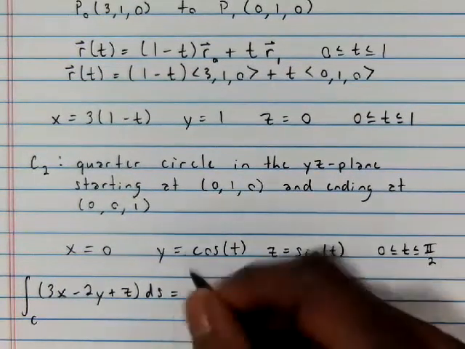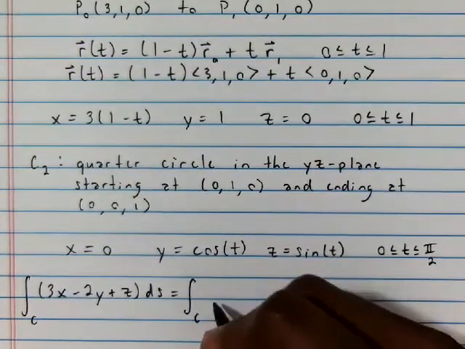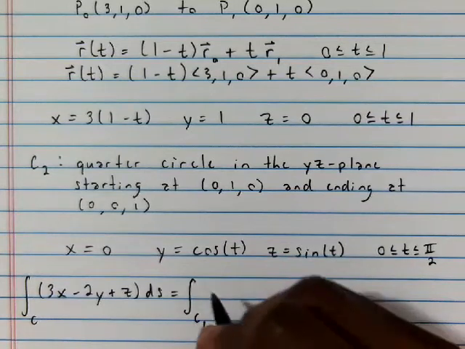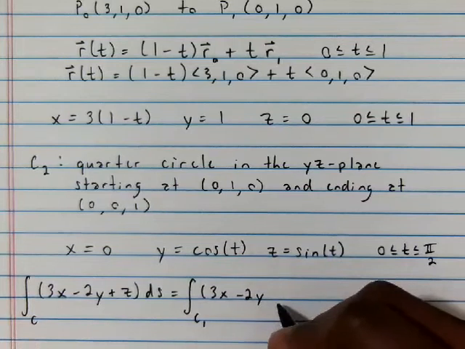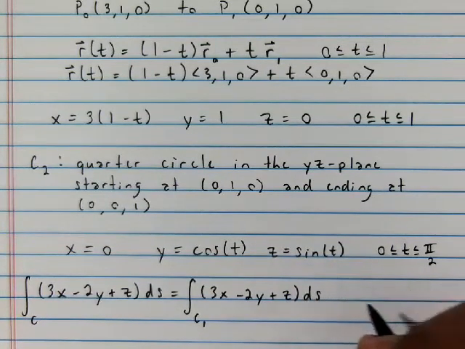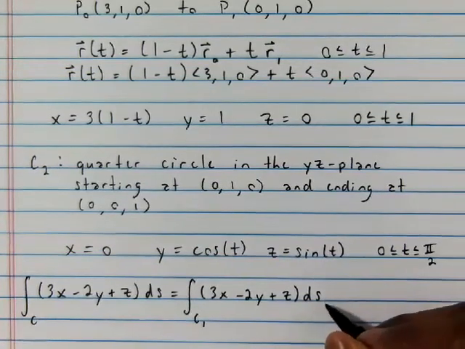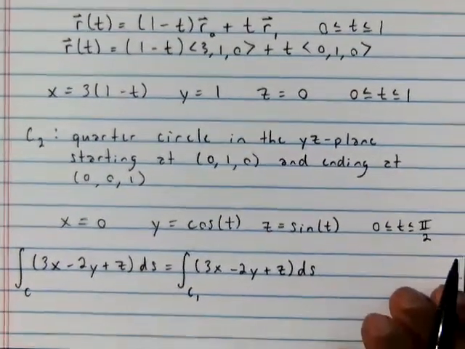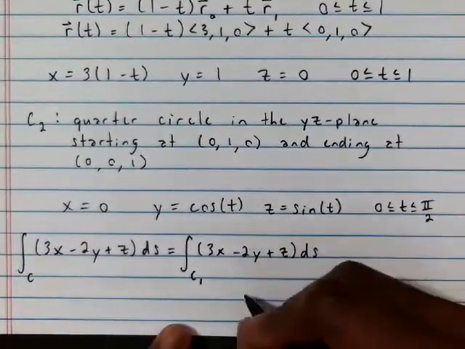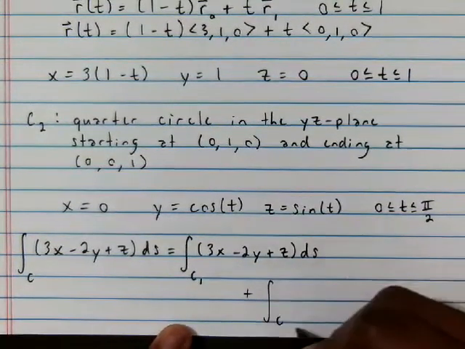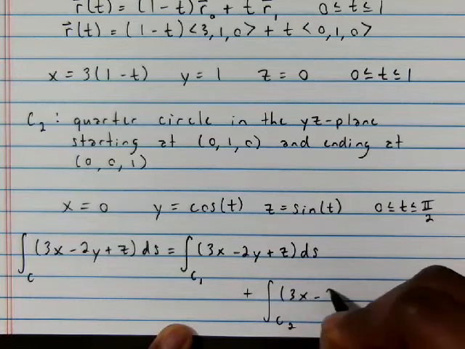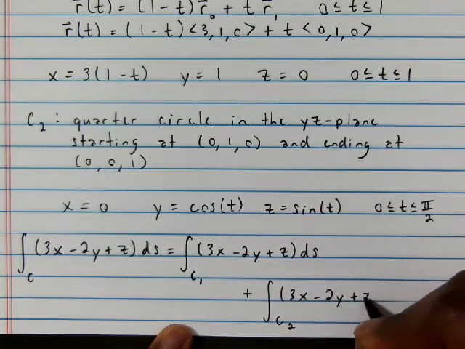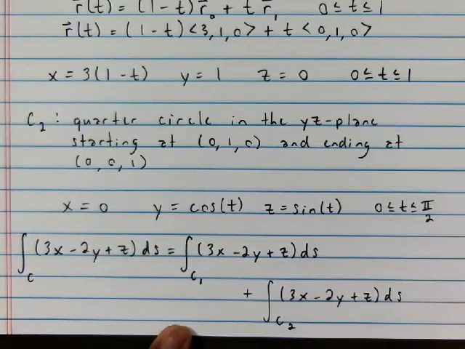So this is going to be the line integral over C1 of 3x minus 2y plus z ds. I actually put an S1 there, but that's not a big deal. And then plus the line integral over C2 of 3x minus 2y plus z ds.